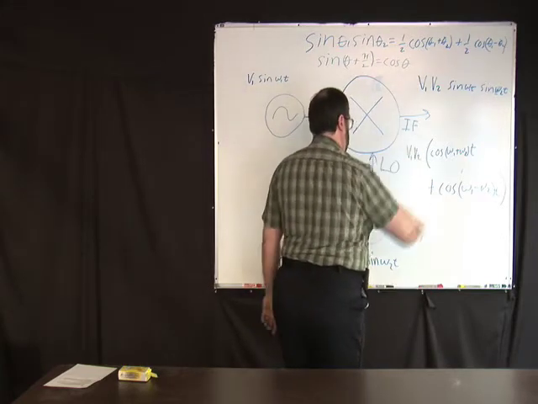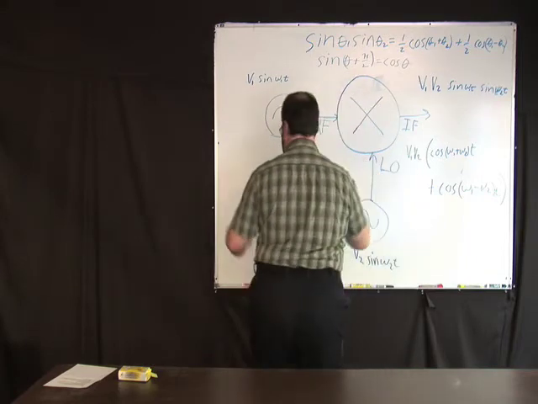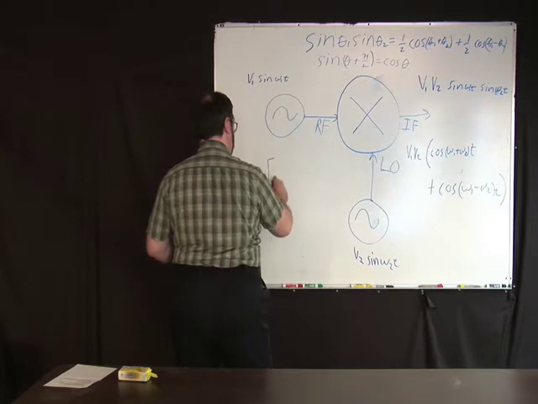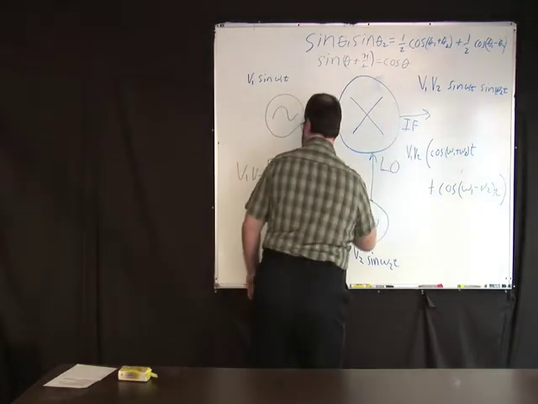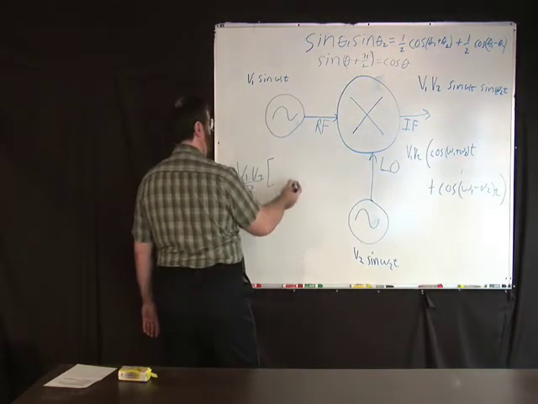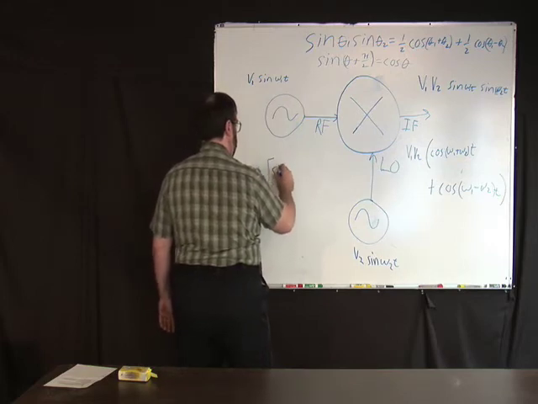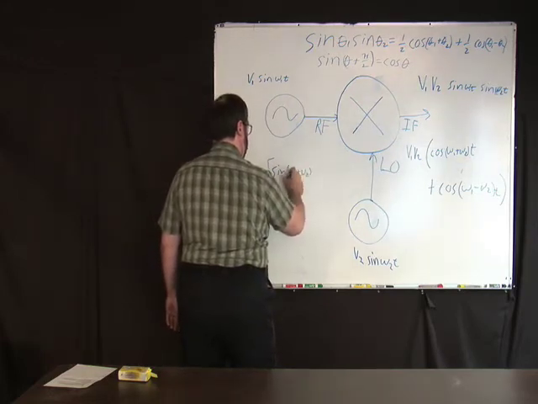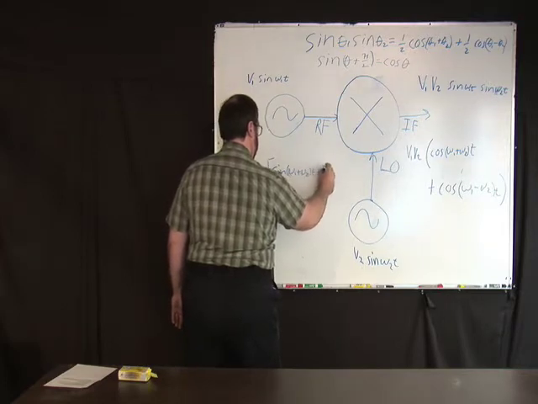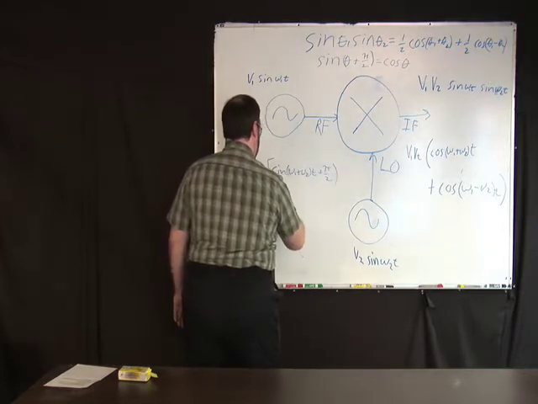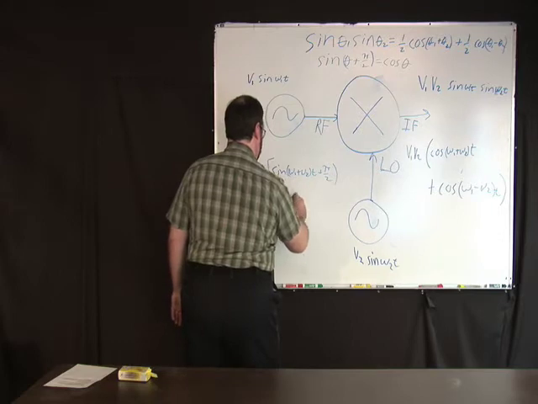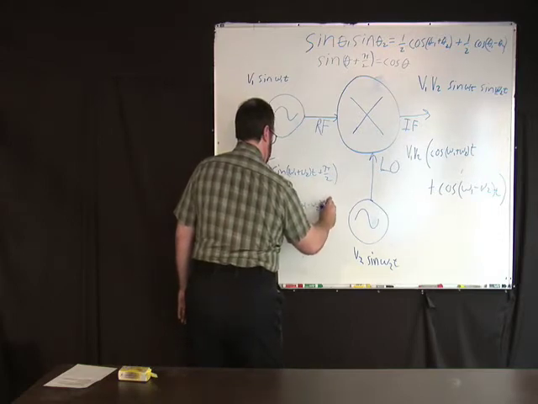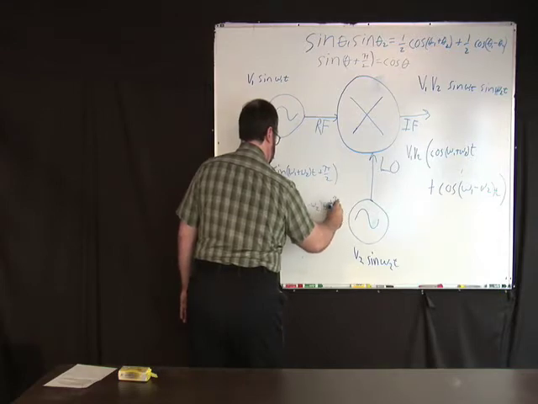So what comes out, I'll do it over here, is V1 V2 times, well, there's a 1/2 over 2, times the sine of omega 1 plus omega 2 t plus pi over 2 plus sine of omega 1 minus omega 2 t plus pi over 2.